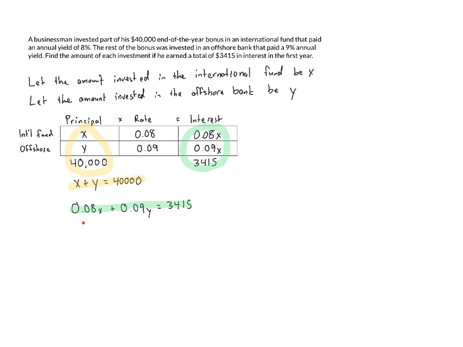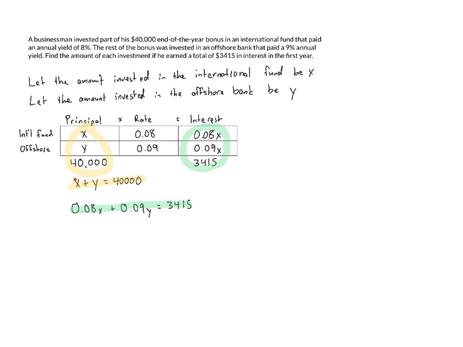If you look at the other equation, whichever variable has the smaller coefficient, in this case this will be x, because 0.08 is less than 0.09, it's going to be easier if we isolate that variable in the first equation, simply because it's going to allow us to have fewer negative signs in the answer.